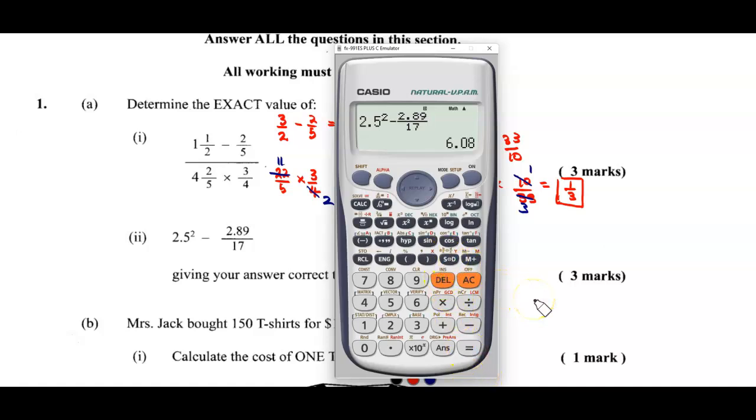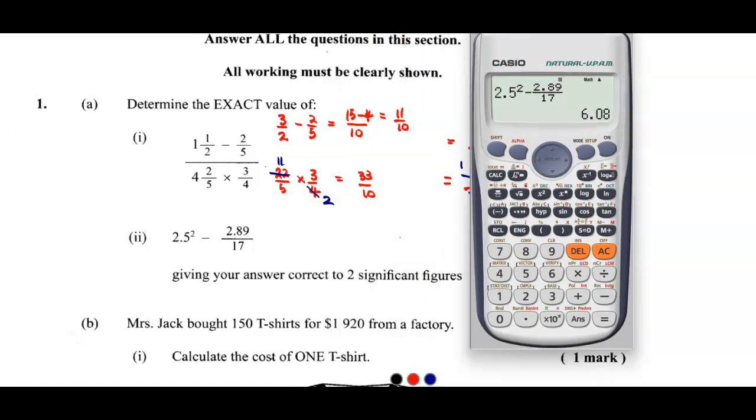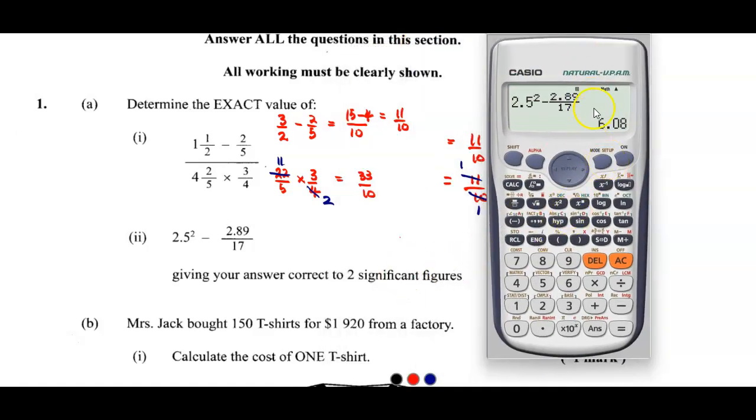And that gives us 6.08. To two significant figures, you count 1, 2. So this 8 here is bigger than 5, so you increase this by 1. So the answer would be 6.1.